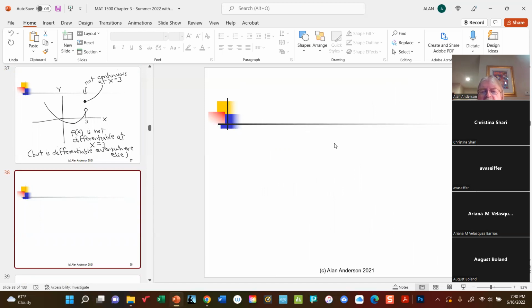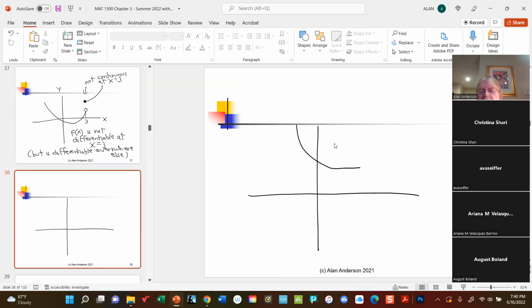Another case, a very bizarre case that you can run into, is this one, where the function is actually continuous, but there's a real problem here. Now, I haven't drawn it maybe as well as I could have, but the point of it here is that this region of the function is flat. And so that means that there isn't a unique tangent line there.